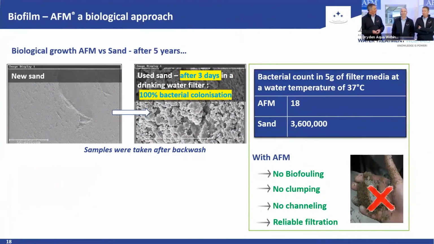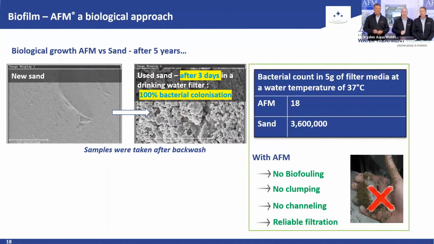Yeah, that looks good. And actually, going here to the topic of biogrowth on surface areas. Here, a picture of clean, new, fresh sand on the left side, and after a couple of days, you see the growth of bacteria. That's normal for every surface area, as we explained before. After 3 days, you have a colonization of bacteria.